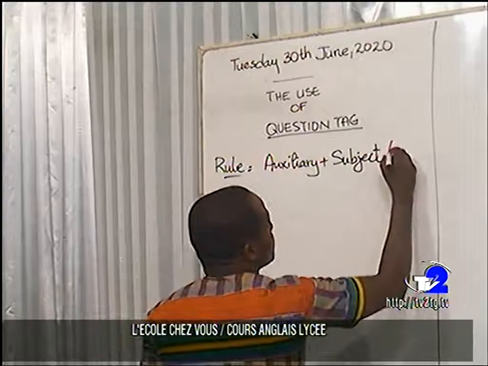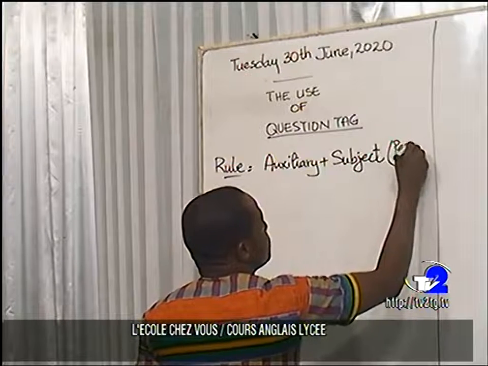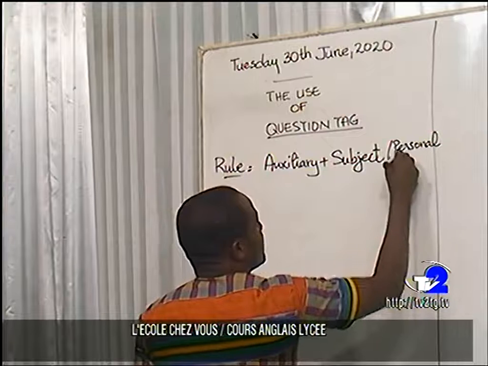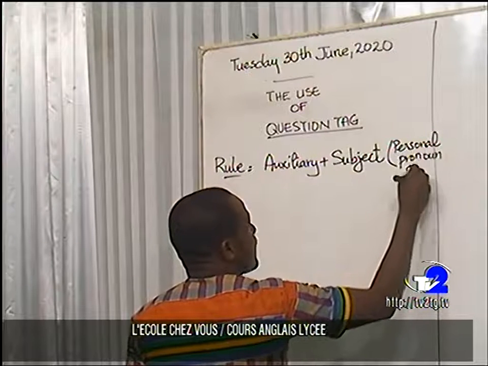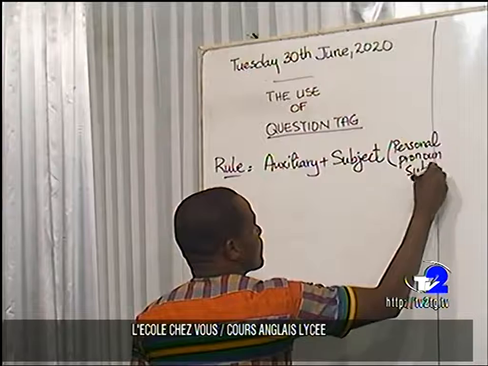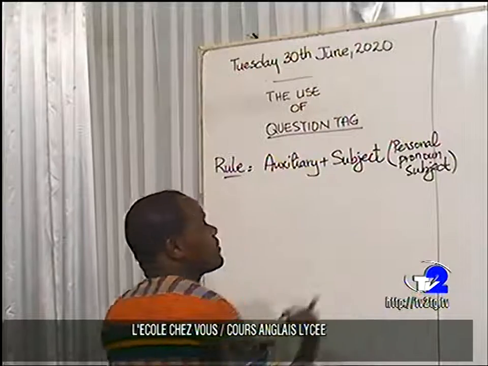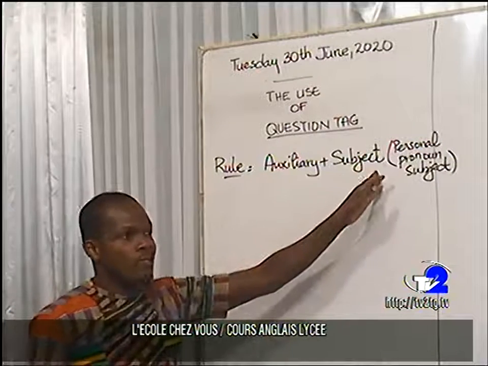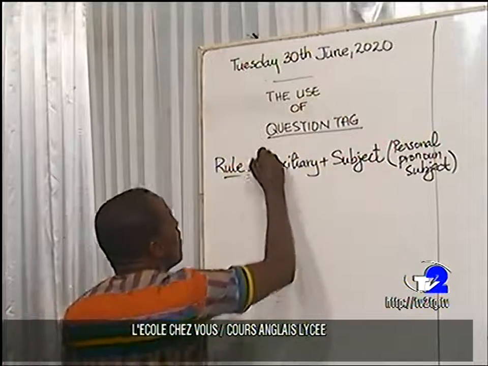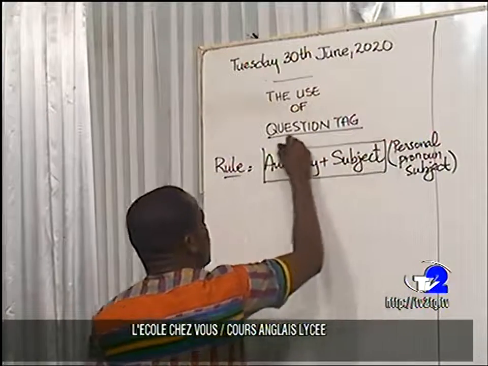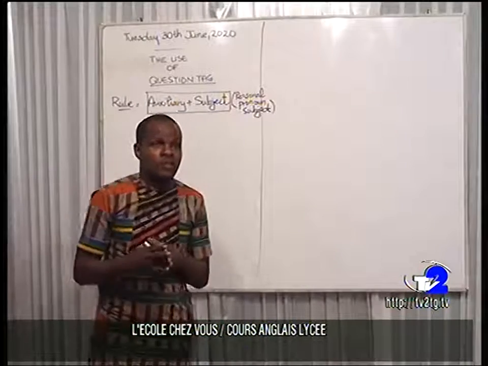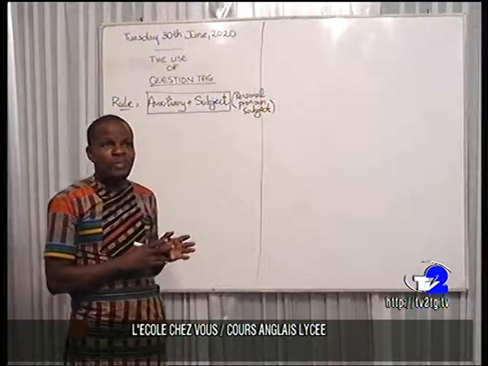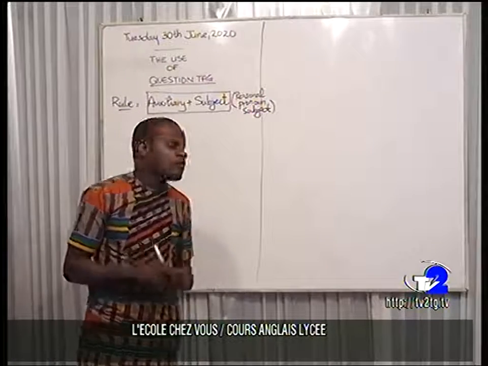We have to use the personal pronoun subject that corresponds to the subject. So this is the general rule of forming the question tag. I hope all of you are following me, and we can continue.